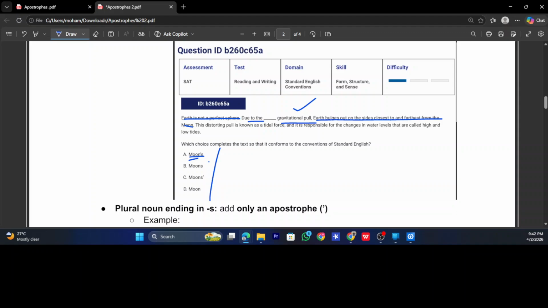Choice C is also incorrect because the context requires the singular possessive noun, but here it is the plural possessive noun. Choice D is also incorrect because the context requires the singular possessive noun moon's, not the singular noun moon. So move on.